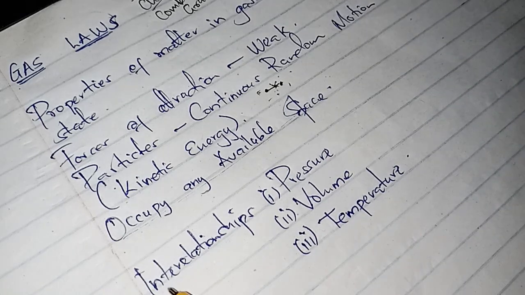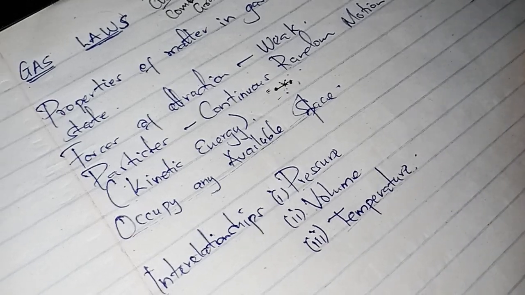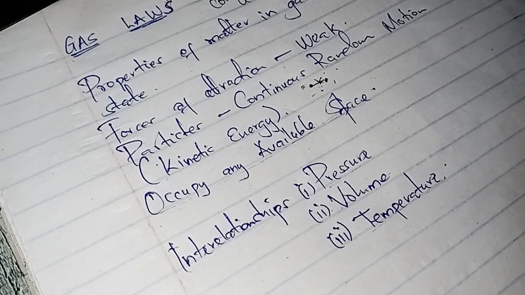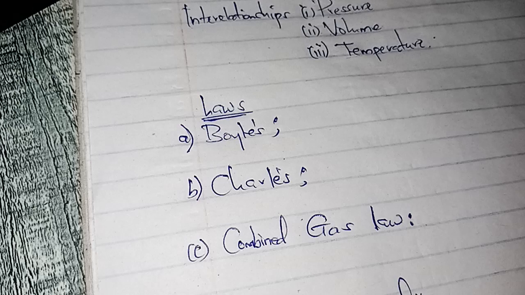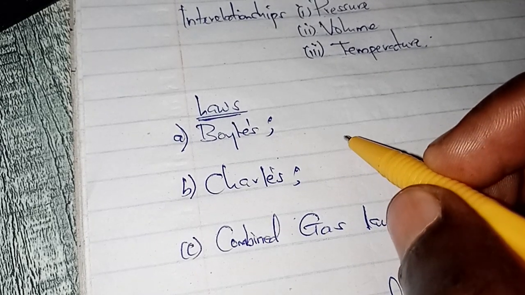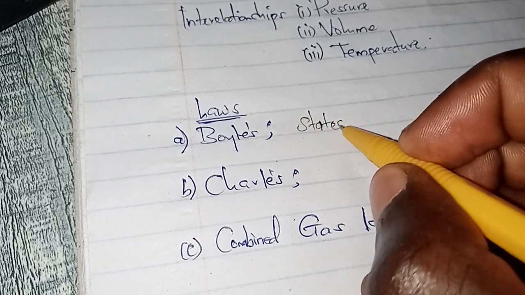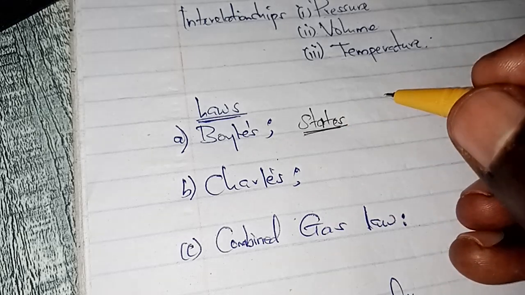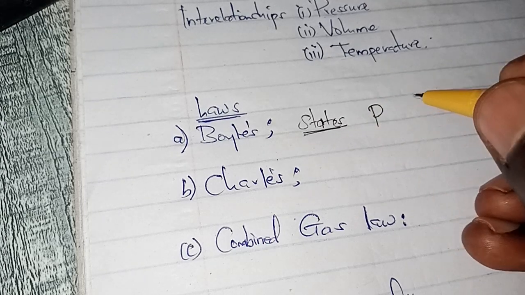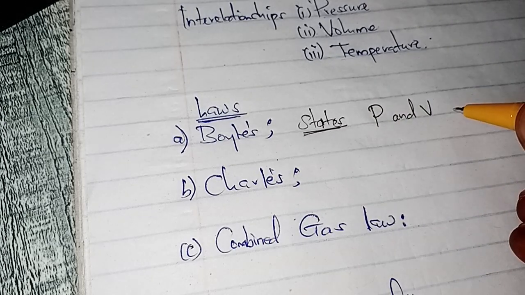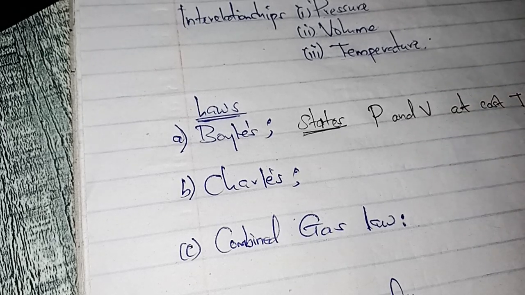Therefore, let us look at the interrelationship between pressure, volume, and temperature. Our first gas law is Boyle's law, and we are going to ask ourselves how it states. It uses pressure and volume at constant temperature.